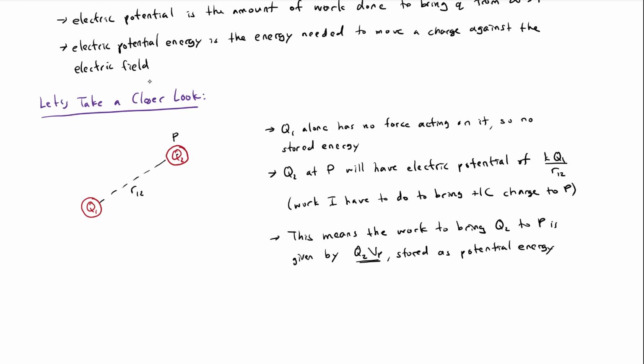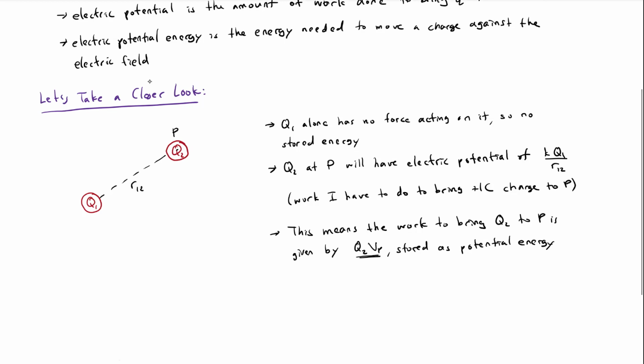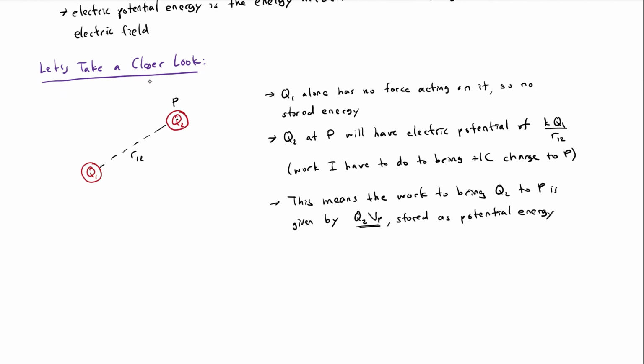So you can verify that through the previous sub-chapters that we've gone through in this chapter. So we know that the work is going to be Q2 times Vp. So basically the amount of charge times the electric potential.